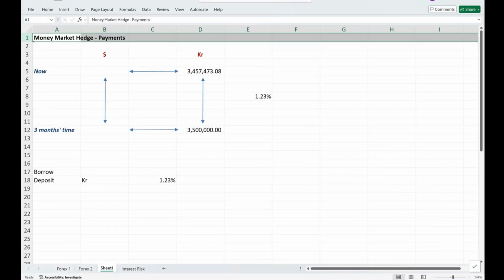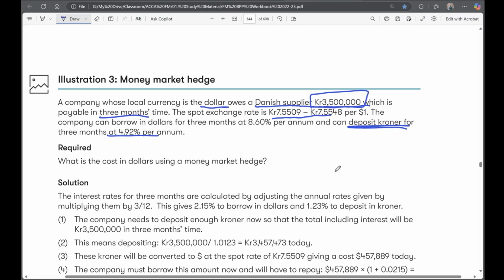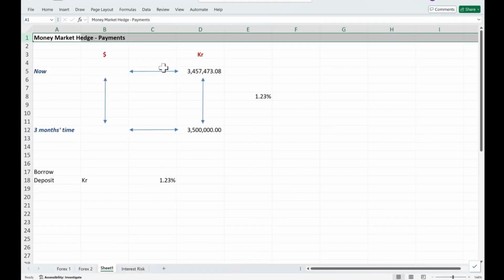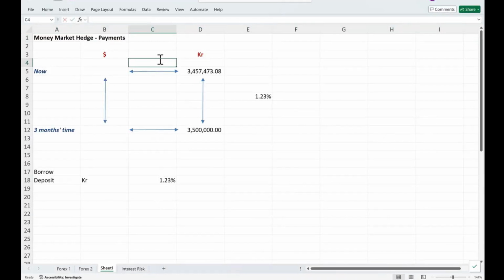We need to divide by the lower rate to increase my payment. The lower rate is the first one, 7.5509. So I will use this rate, kroner over dollar, to convert into today's currency. So this divided by 7.5509.